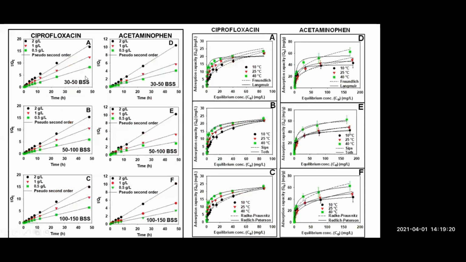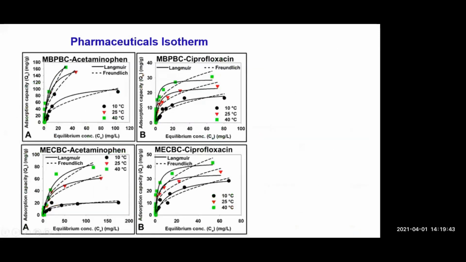Kinetic studies showed that an increase in particle size increases the sorption kinetics. However, the isotherm studies of acetaminophen showed that with an increase in pyrolysis temperature, the sorption increases. However, the sorption of ciprofloxacin does not increase with increase in sorption temperature.